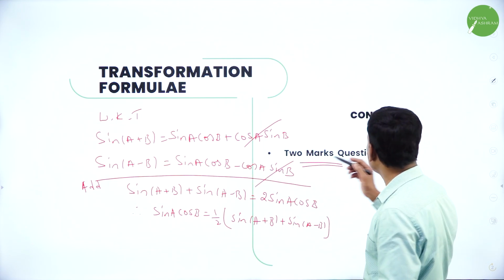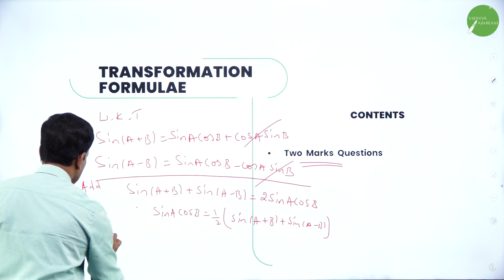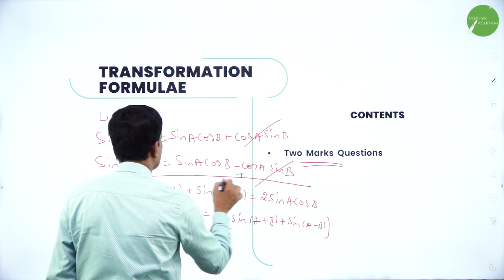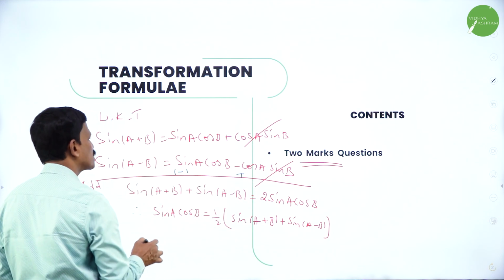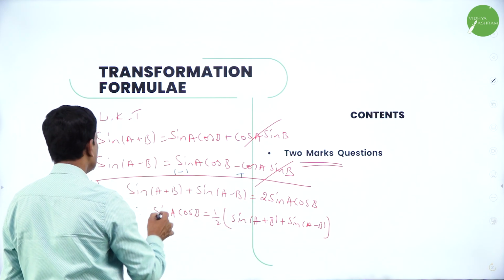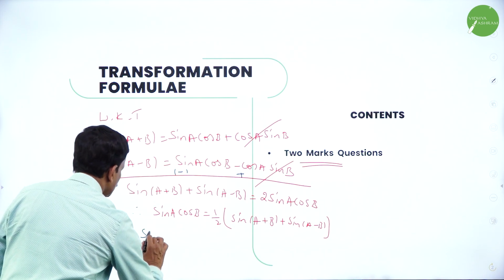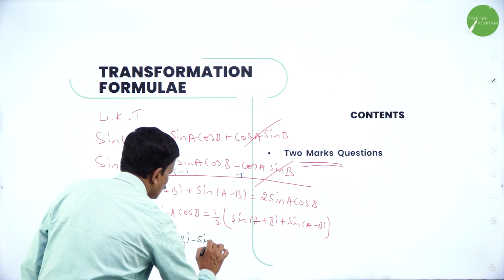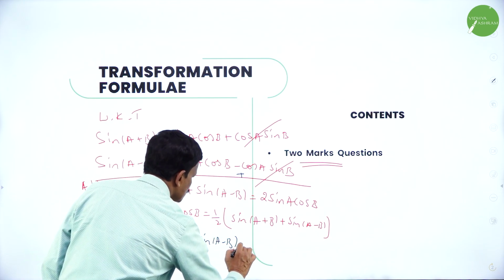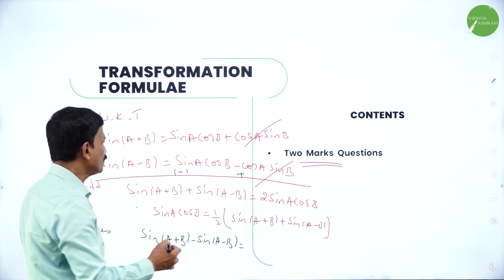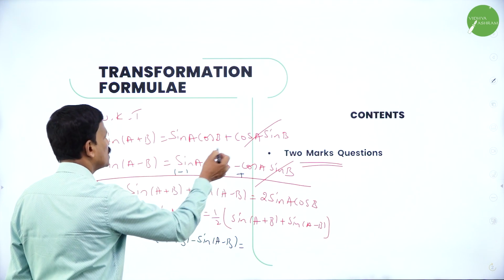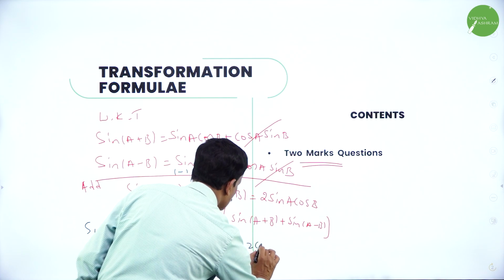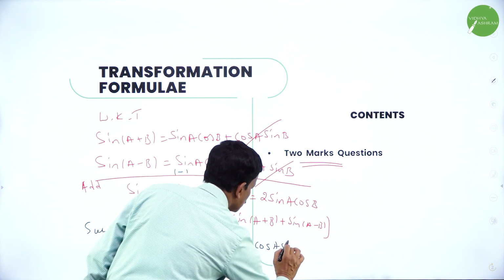Similarly, if we subtract these two, what will we get on the left hand side? The minus becomes plus and the plus becomes minus while subtracting. These two get cancelled. Then we will get sin(a+b) minus sin(a-b). Sin(a+b) minus sin(a-b) is equal to, these two get cancelled, cos a sin b plus cos a sin b, which is 2 cos a sin b.